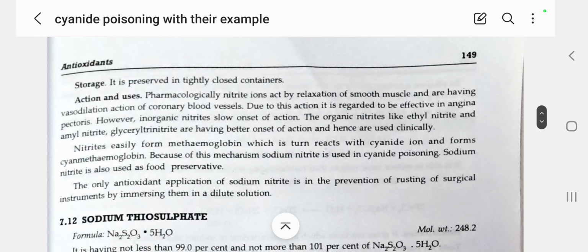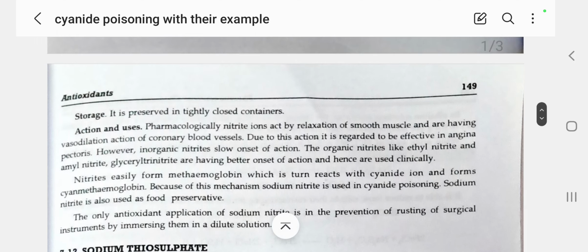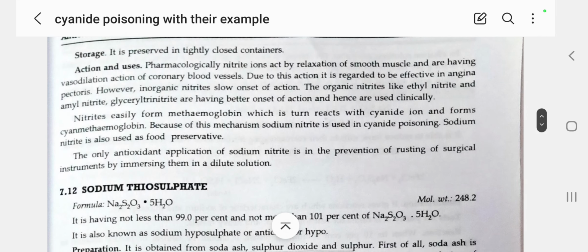So the overall uses of sodium nitrite are: cyanide poisoning, the treatment of angina pectoris, and preventing the rusting of surgical instruments by immersing them in sodium nitrite solution. It also acts by relaxation of smooth muscles. These are the major uses and actions of sodium nitrite.